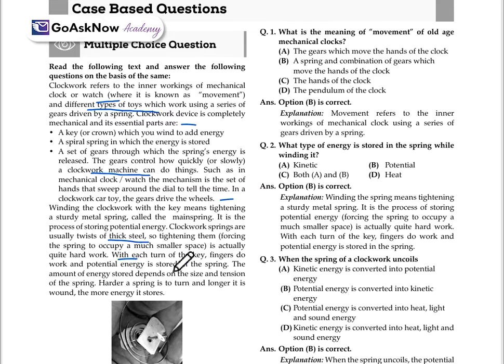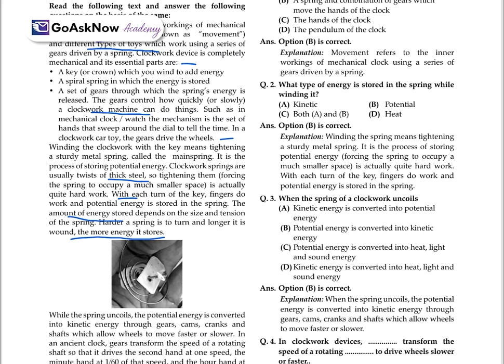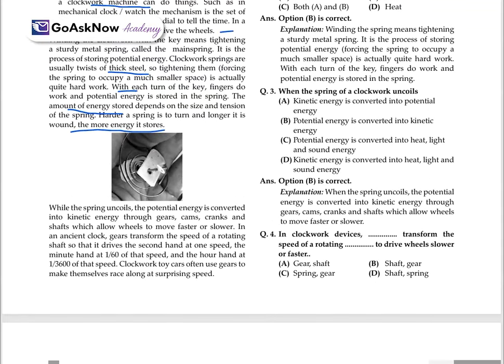With each turn of the key, potential energy is stored in the spring. The amount of energy stored depends on the size of the tension spring. The harder a spring is to turn, or the longer it is wound, the more energy it stores. While the spring uncoils, the potential energy is converted into kinetic energy through the gears, clamps, and shaft, which allow wheels to move faster or slower.